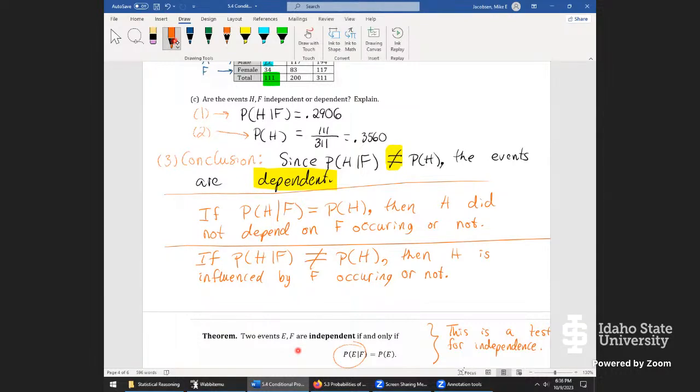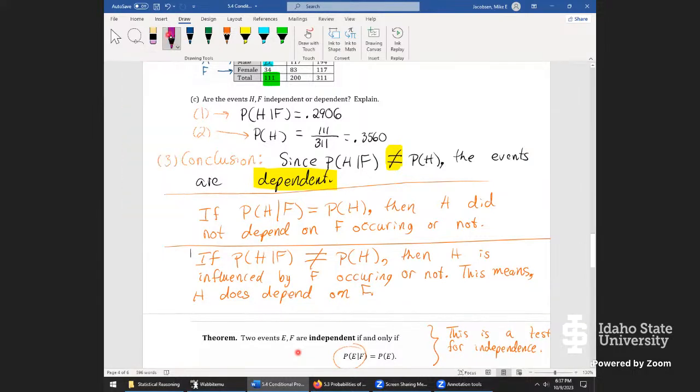So in this case, we could say this means H does depend on F.